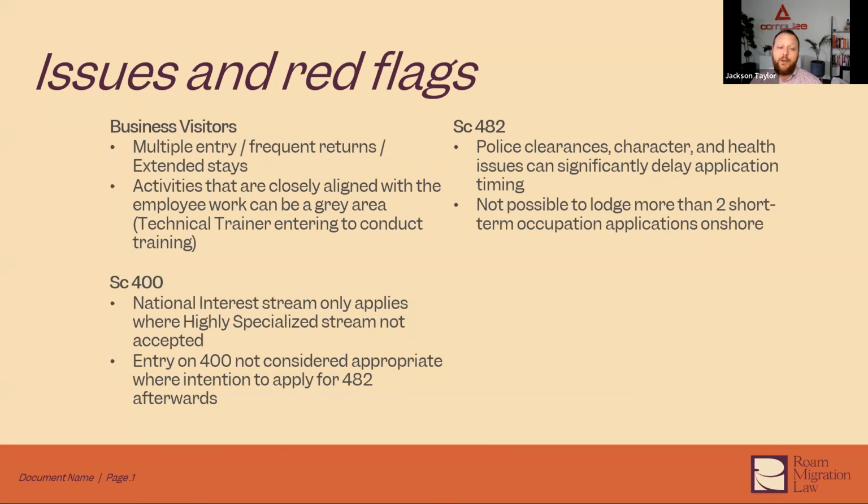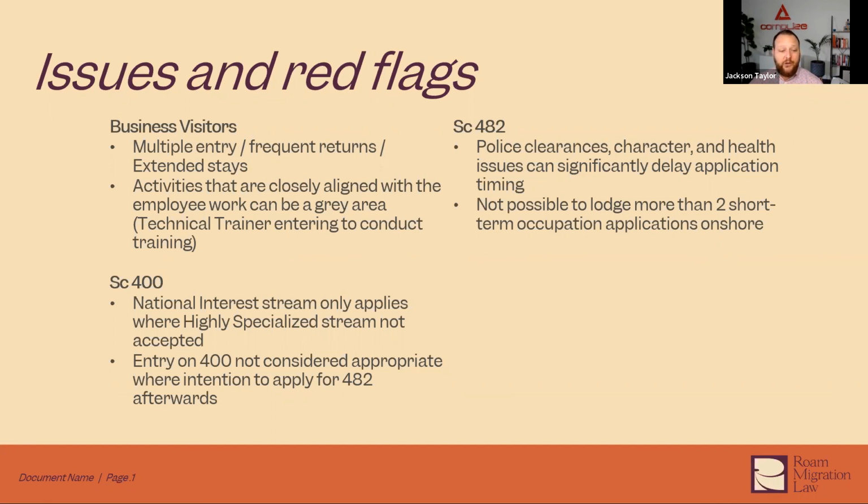The difference between highly specialized and national interest is national interest doesn't have the prohibition on ongoing work. So highly specialized work is only for people who are doing a maximum of 3 or 6 months. Where work goes beyond that, only the national interest stream is going to be appropriate, or a 482 visa, okay?